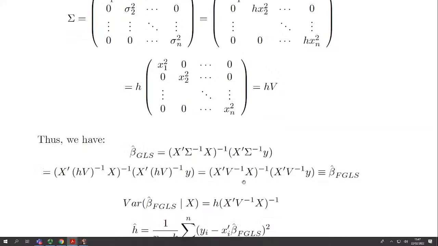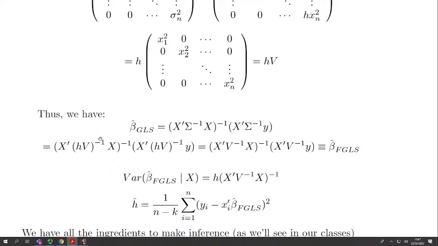You immediately see that I have big sigma inverse, so I have h big V inverse here, and because of the inverse here, here, and here, the scalar h simplifies and disappears.